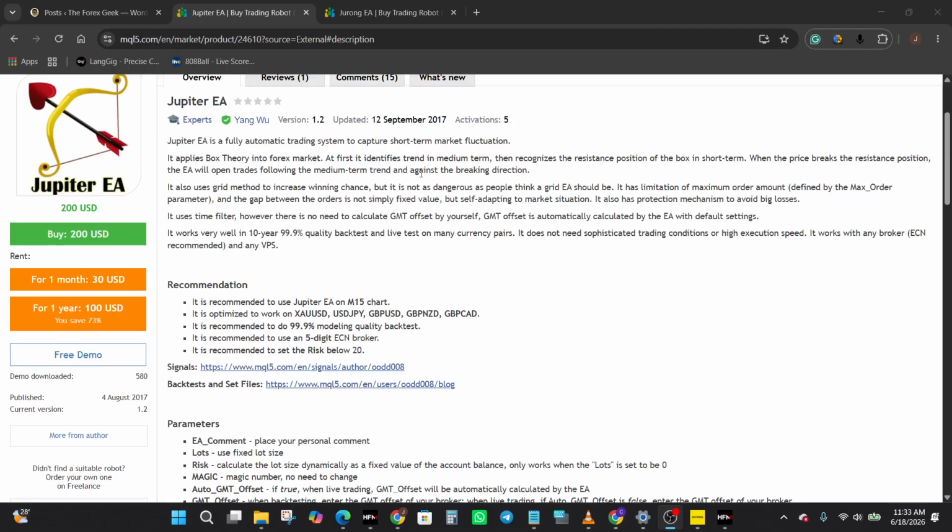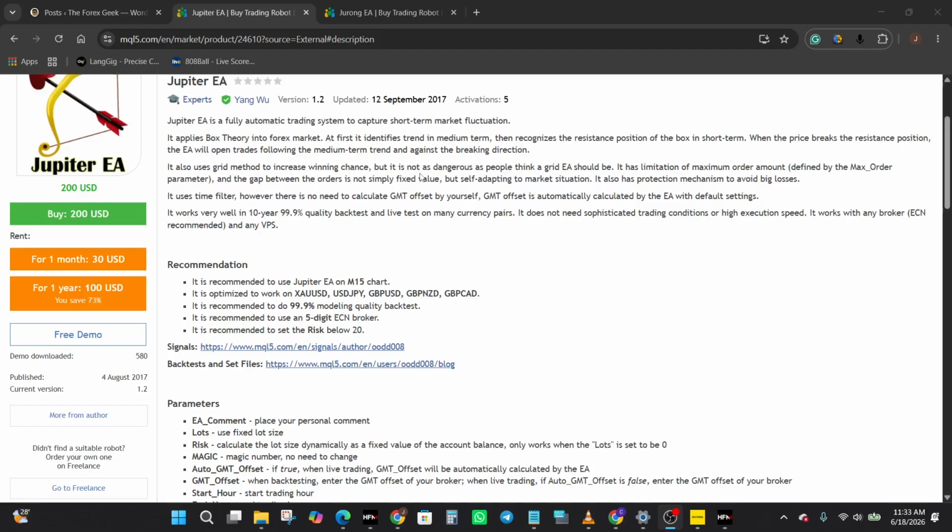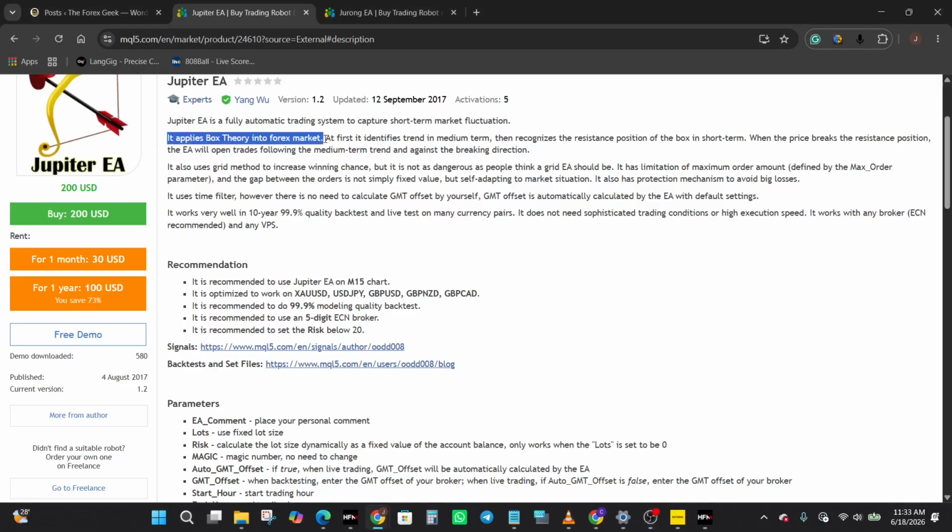Looking through the description, Jupiter EA is presented as a fully automated trading system designed to capture short-term market fluctuations. The developer explains that the strategy applies box theory to the Forex market.